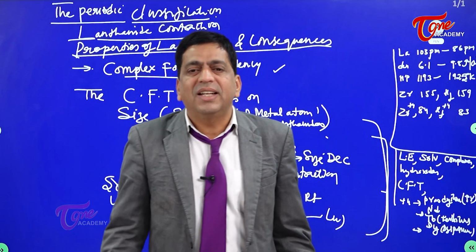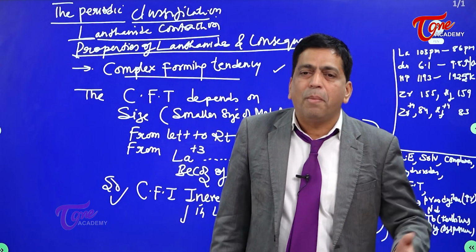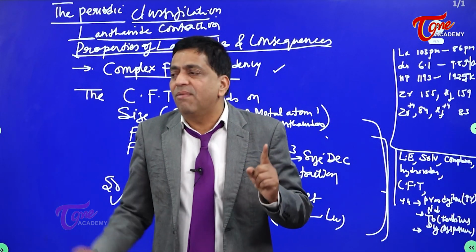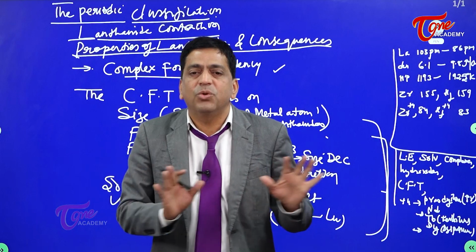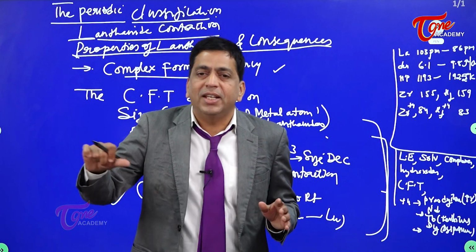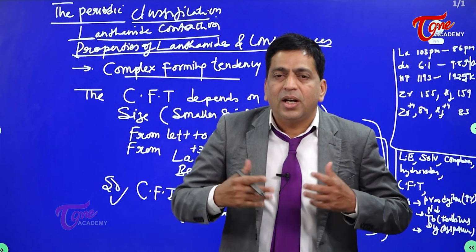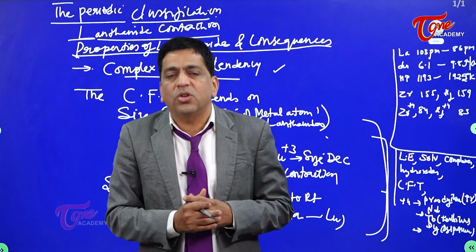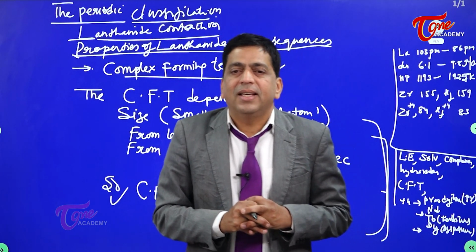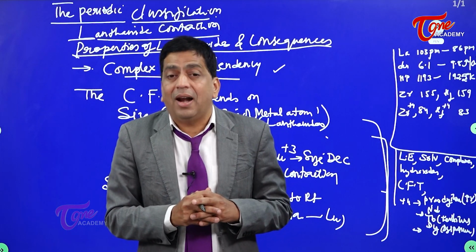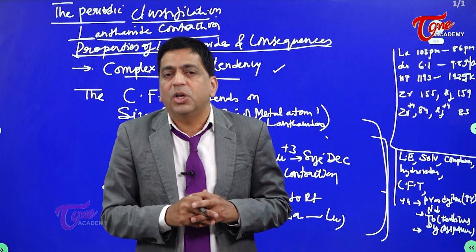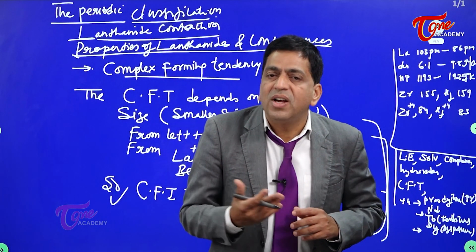So the complex forming tendency is increasing from left to right, from lanthanum to lutetium. Because of the lanthanide contraction, the size is decreasing, and we require Lewis acids, the acceptors, to be smaller. Lutetium +3 is a better Lewis acid compared to lanthanum +3, because of its greater acceptance of the lone pair, because of the increased nuclear force of attraction.